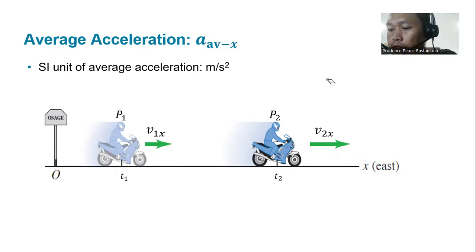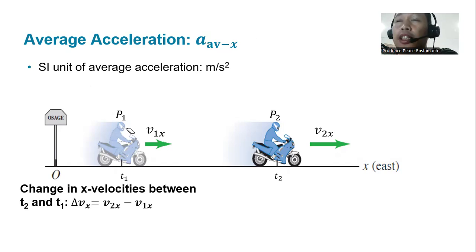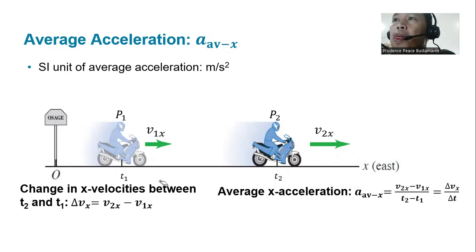So now, how about we go to average acceleration? We are done with average velocity. So what is the difference between average acceleration and average velocity? If we know the velocity at t1 and t2, we can calculate the change of the particle's velocity.